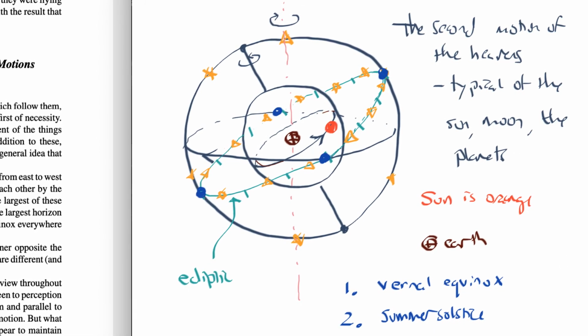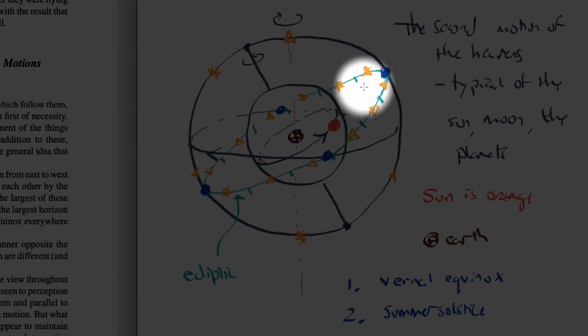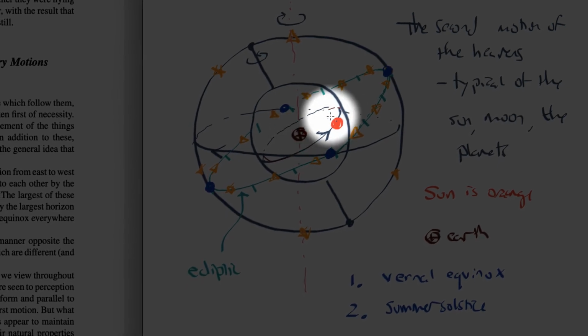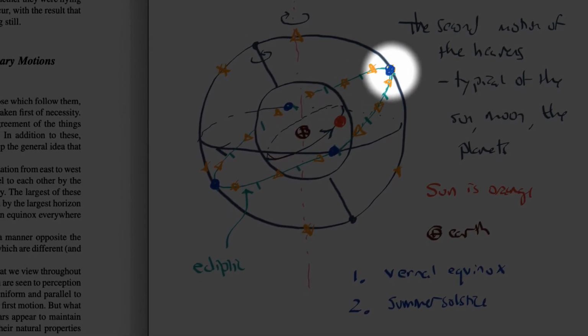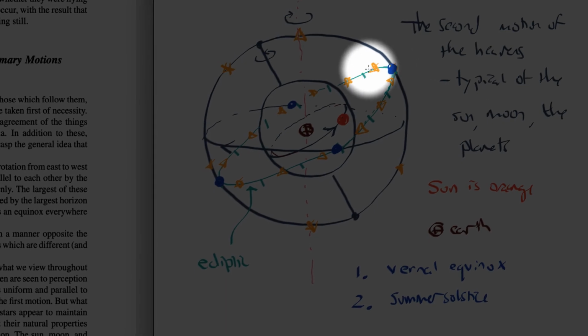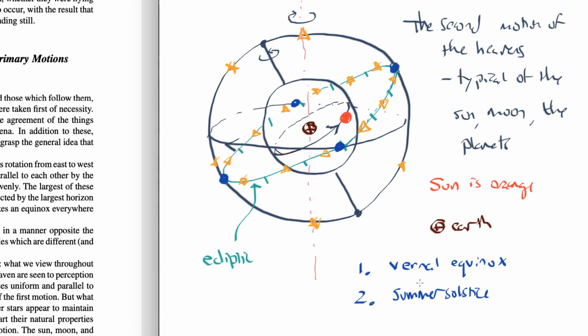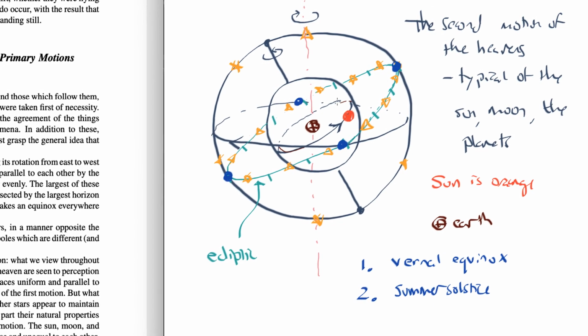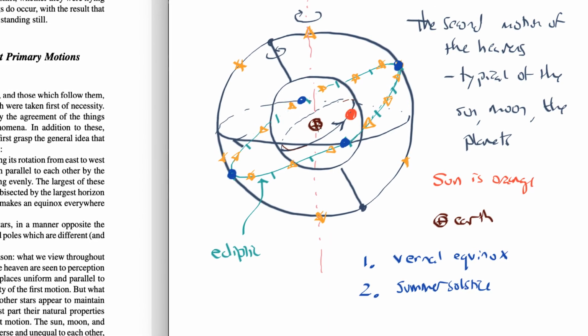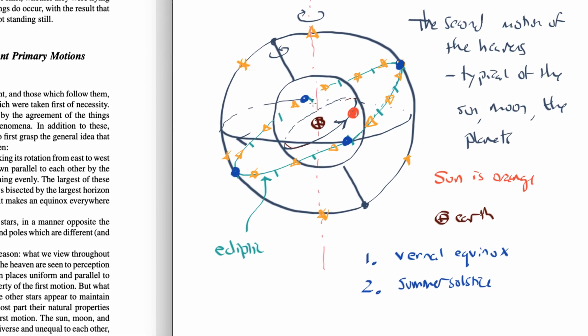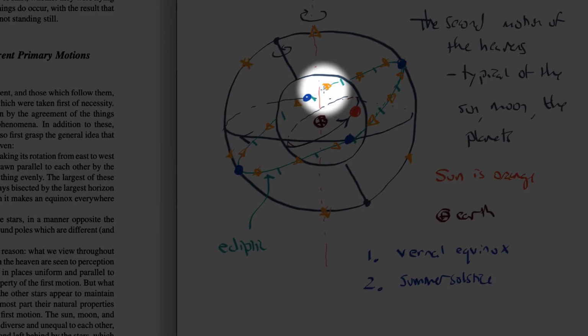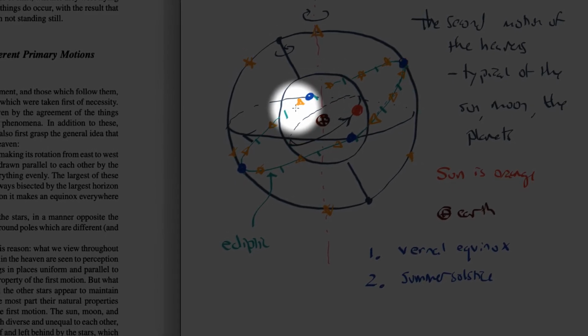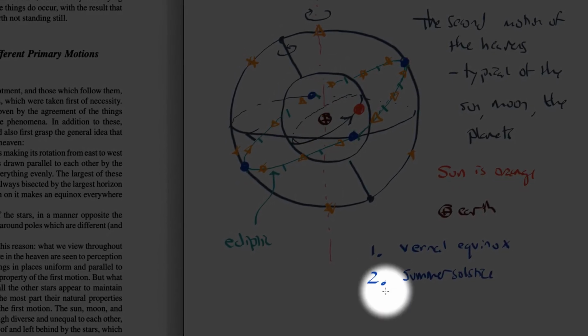Okay, so at that point, the sun will be, from the perspective of someone standing on Earth, passing into the first point of Cancer, which is over here. Then, as the sun rotates around on this internal sphere, at some point from the perspective of someone standing on Earth, it will pass here from the constellation Virgo into the constellation Libra, and that is the point.